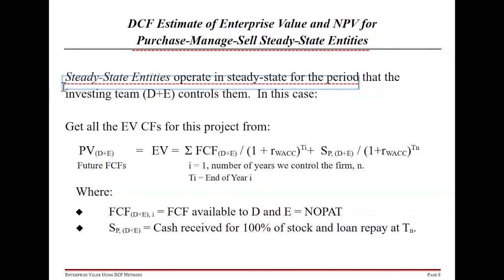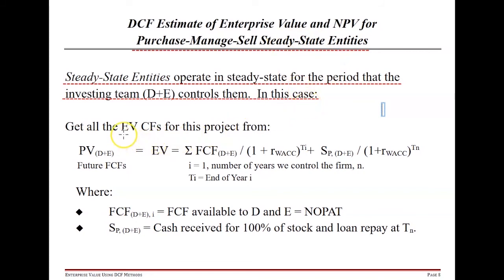It's an entity operating in steady state, but now we only care about it during the period that the entity is going to be controlled by the debt plus equity team. So it does have to be operating in steady state, but just for the period that we're going to own it, not out until infinity. So that makes this method a more realistic type of method.